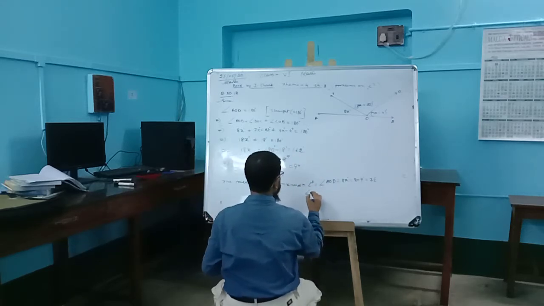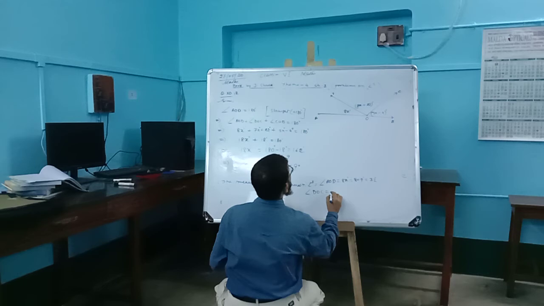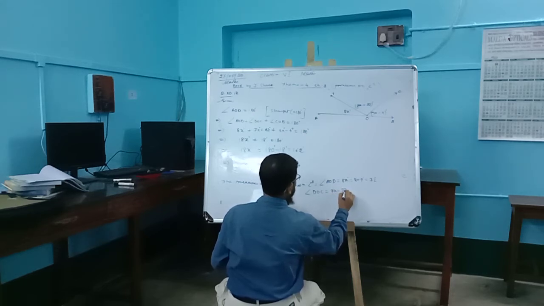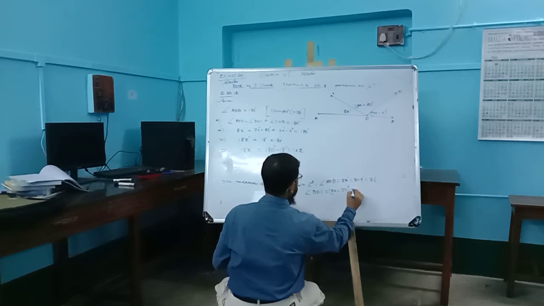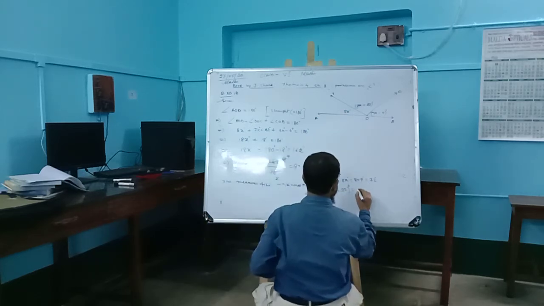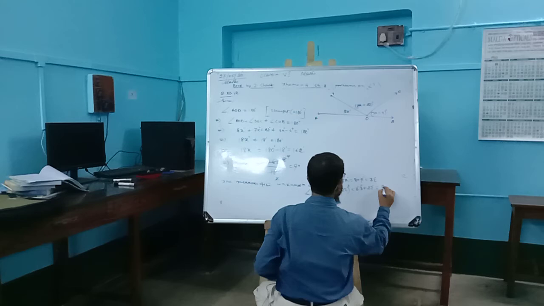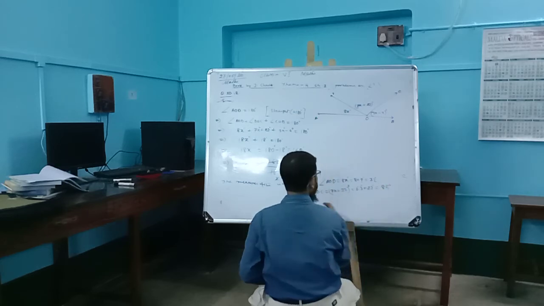Angle DOC equal to 7x plus 22 degrees equal to 63 plus 22 degrees equal to 85 degrees.